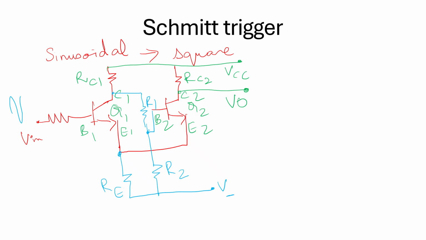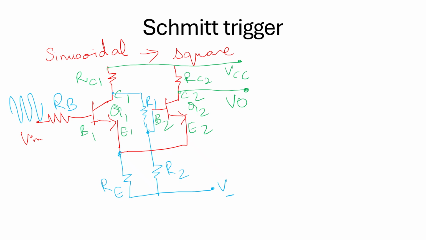The input which is going to be given is a sinusoidal input. So when the input signal is given through RB, the transistor Q1 turns on, giving its output through the resistor. The base of the second transistor is turned on, thereby turning on at different saturation levels and giving its output.